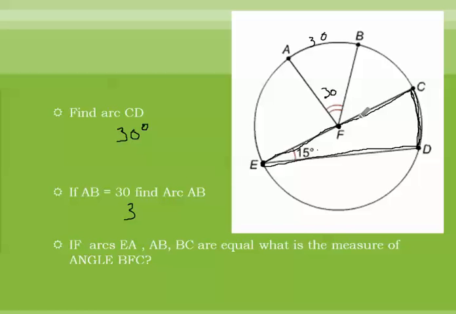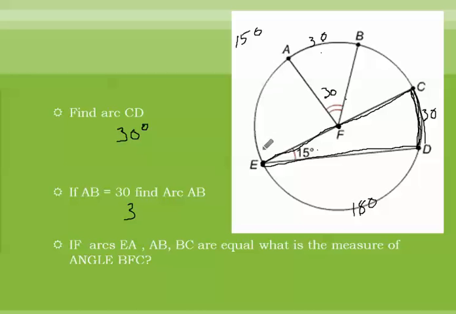Oh, wait a second. If this arc is 30 and this arc is 30, wait a second. This whole arc around here is 180. All right. You see where I'm going with this? I can take 180 minus the 30. That leaves me with 150 degrees that I got to use to find what this arc is and what this arc is.